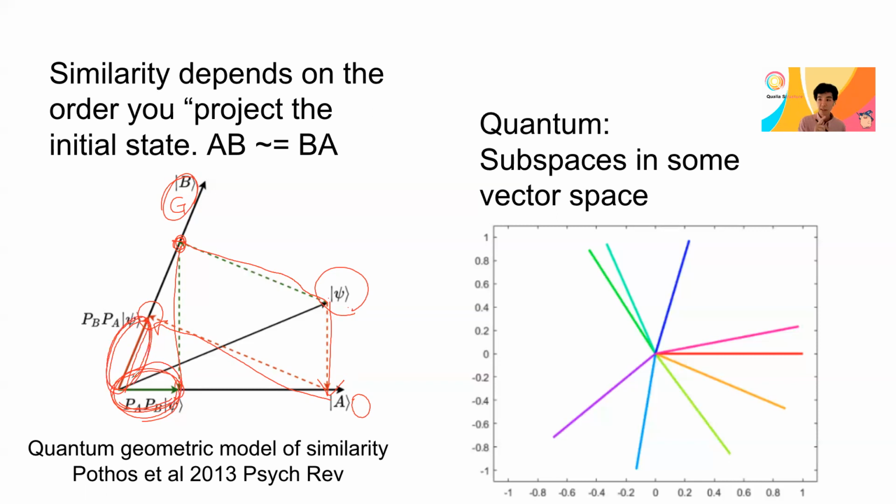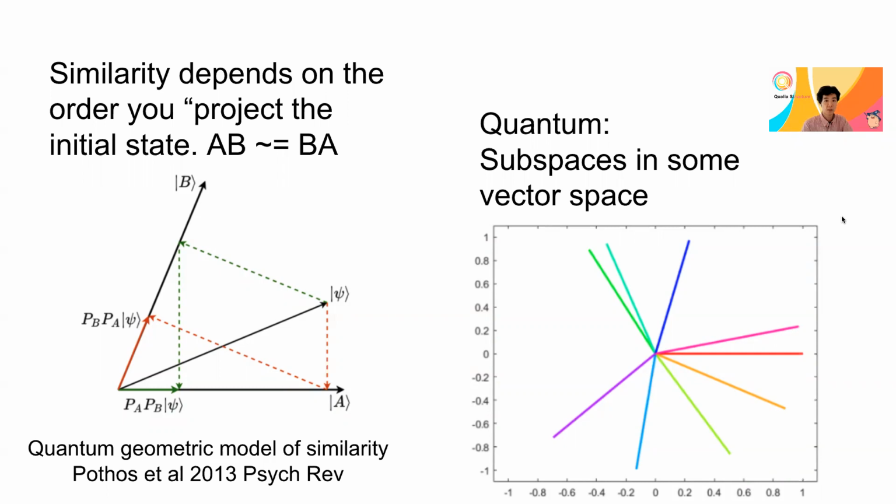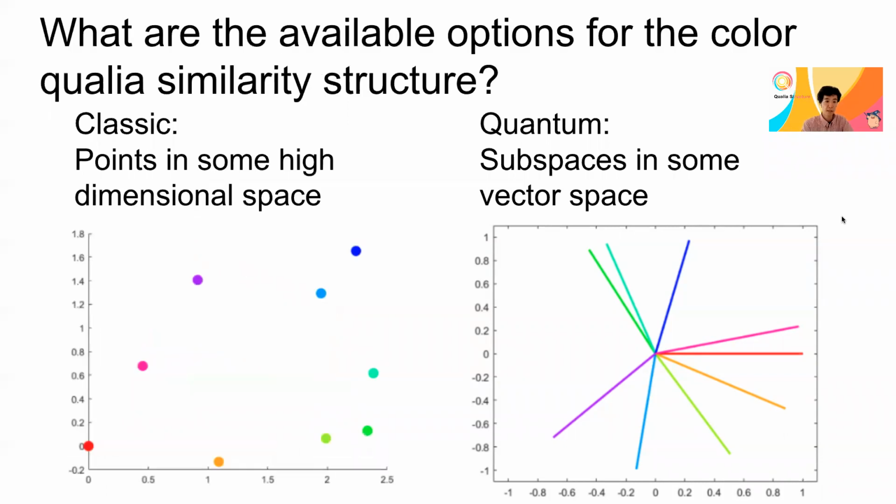And that is precisely the quantum model's prediction about the similarity asymmetry. And in fact, the data that we have now seems to be much better explained by this kind of model than the classical model. We'll see how it goes, but it seems one of the most powerful alternatives to this classical point and dimensional kind of thing.